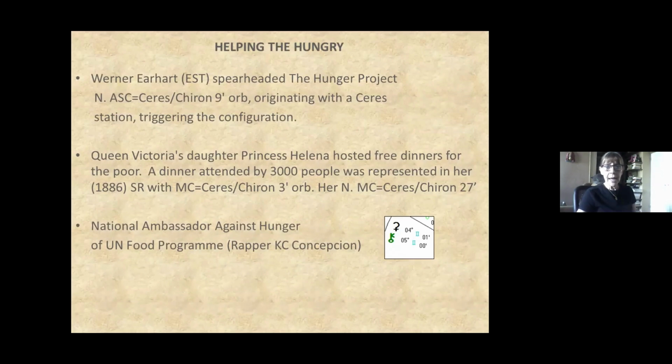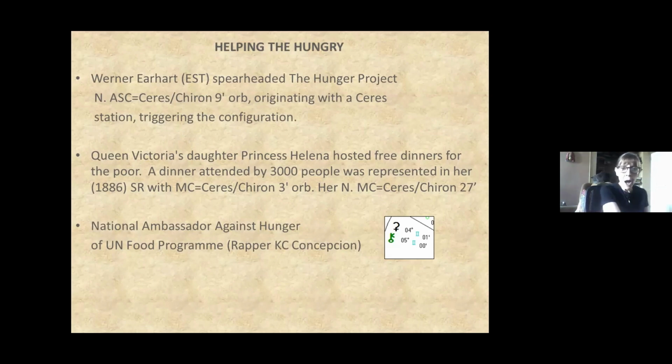Now, here we have some examples, really a scant few, for people who helped the hungry. Werner Erhard has the natal picture, and it was triggered by a Ceres station when he came up with the idea for the Hunger Project. Queen Victoria, many kids, but one of her kids hosted free dinners for poor people.